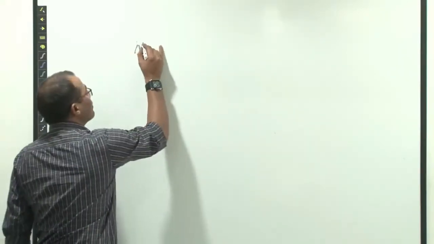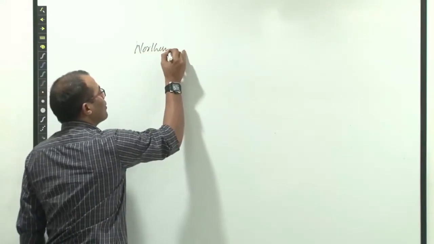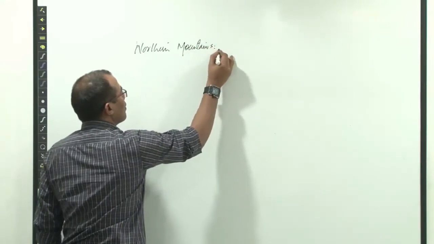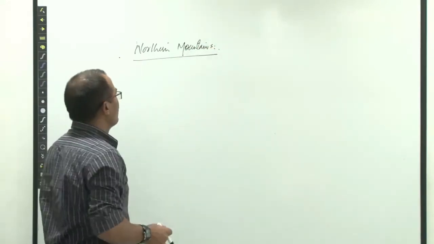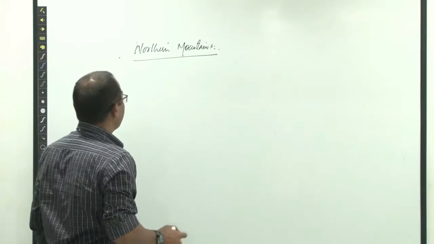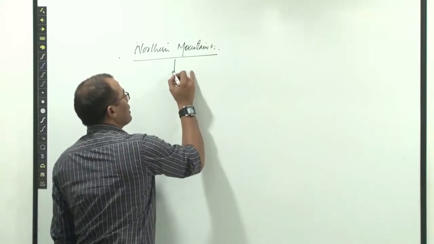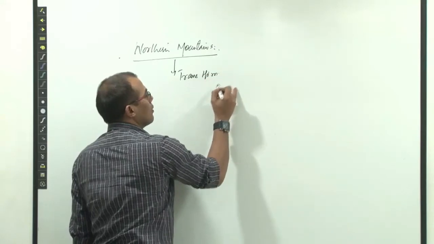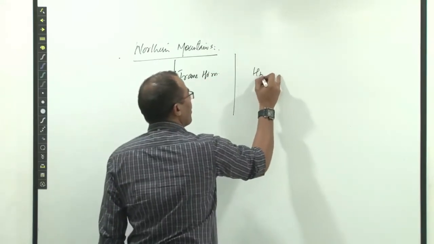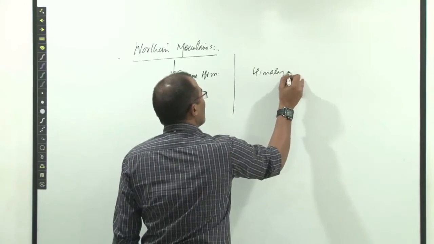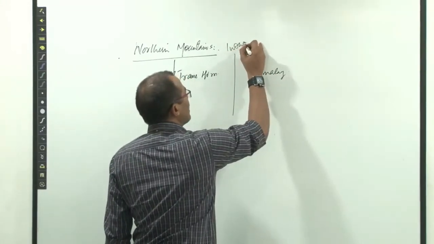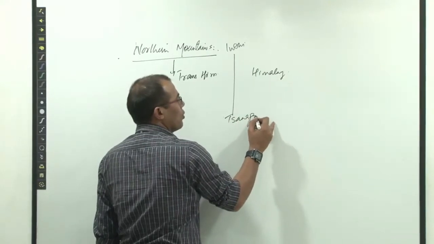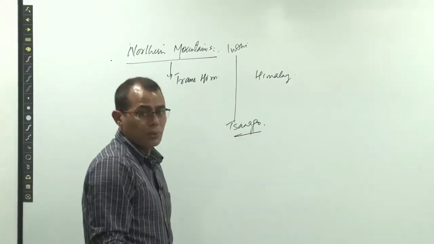Northern mountains. Obviously, the Trans-Himalayan mountain is separated from the main Himalayas, with one side Indus, another side Sangpo, what we call in our country Brahmaputra.